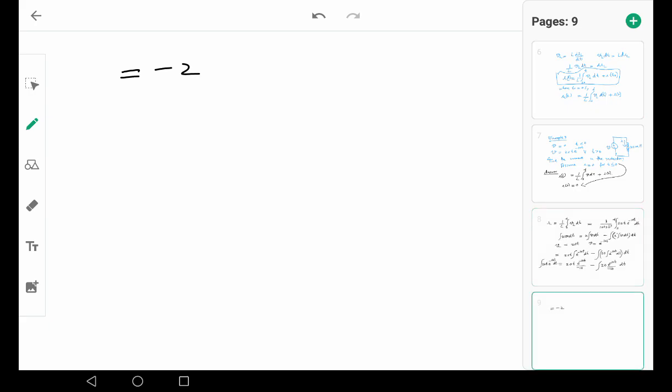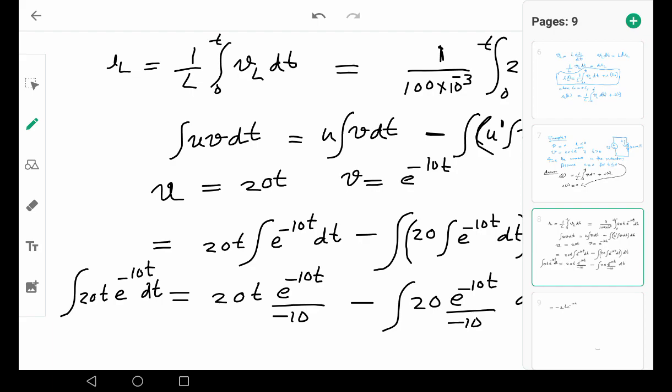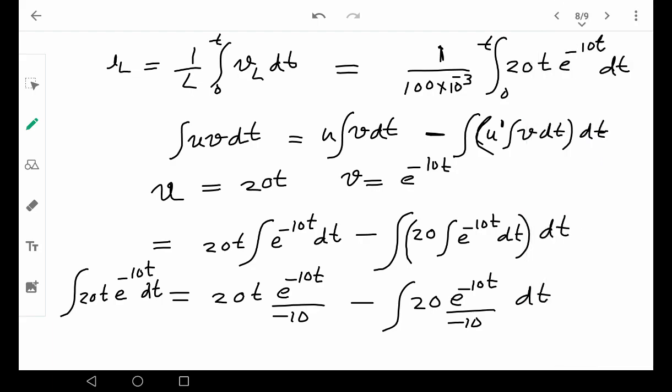Minus 2t e raised to minus 10t, right? Again you go to the other side. Then minus and minus is plus. Then you can take that 10 outside, right? Minus 1 plus 1 by 10, plus 0.1.